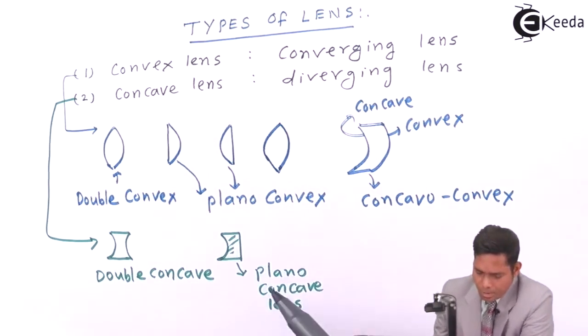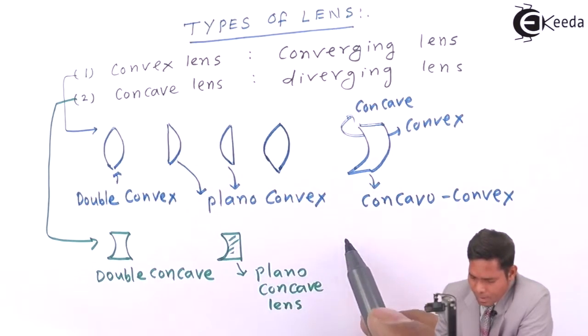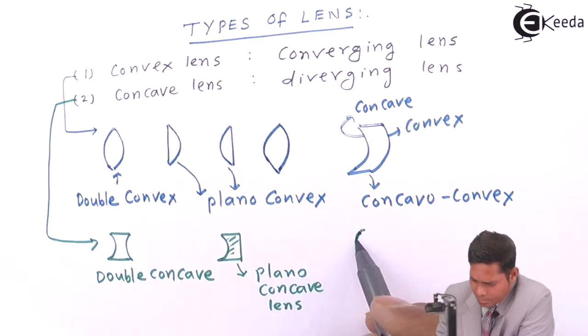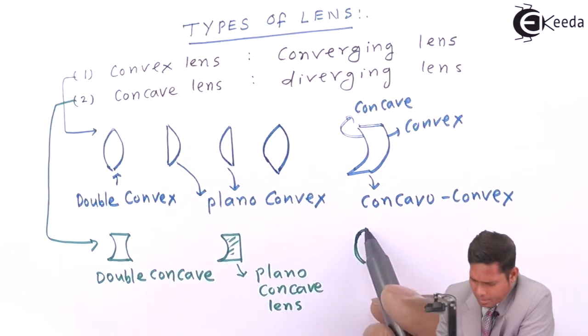Now I can have a situation where this side is convex or concave. This side is like this, and this side is like that.